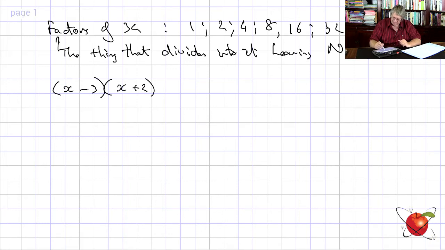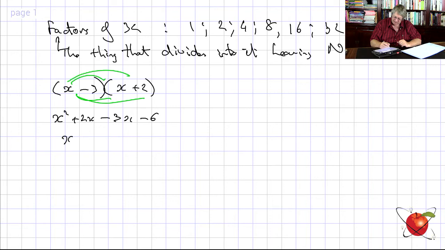We take the first one, x times x is x squared, it's a plus. And it's going to be plus 2x, minus 3 times 1 and an x, and it's minus 6.